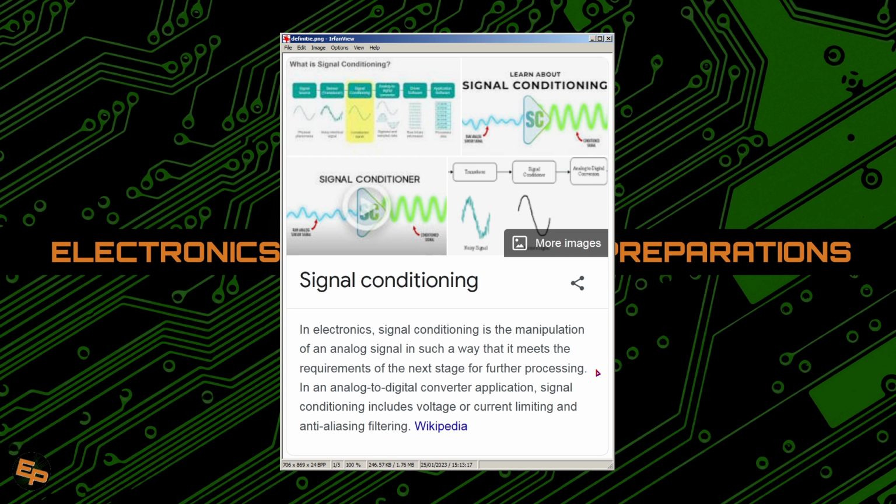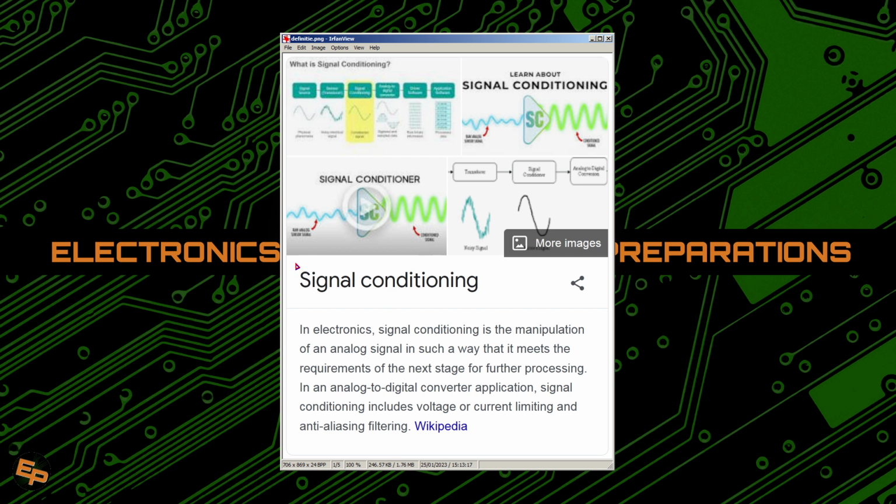In analogic signals, we have voltages that can vary in a wide range of values, and if these signals are not good enough for the rest of the circuits, then we must perform something that can be called signal conditioning.